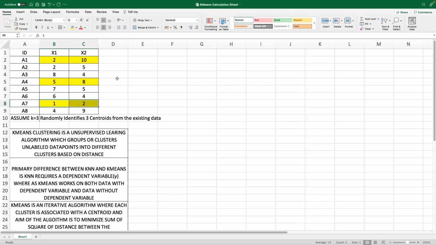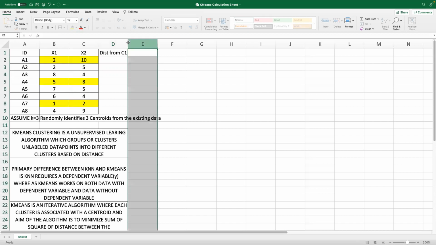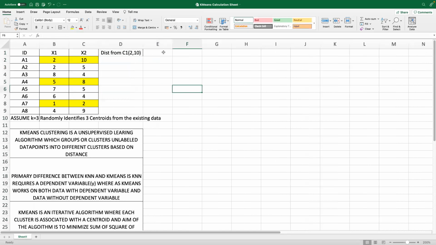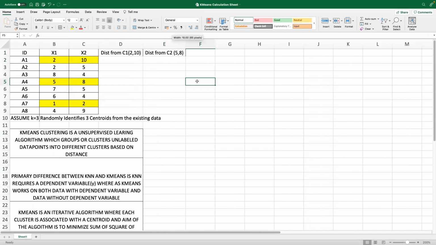Now we have to calculate the distance from centroid 1, which is 2, 10, then the distance from centroid 2, which is 5, 8, and from centroid 3, which is 1, 2.